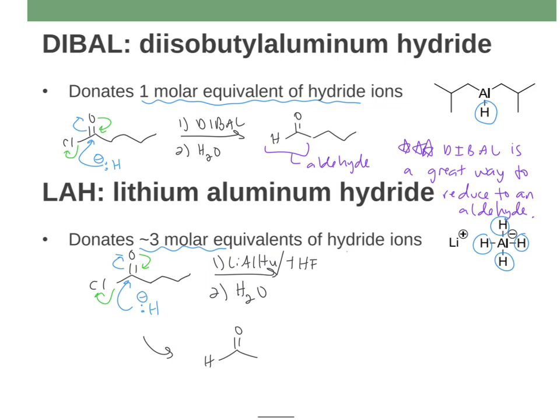But since the LAH has more than one equivalent, and we know that aldehydes are very, very reactive, the second equivalent of these 3 will then add in to our aldehyde, and then you end up reducing it all the way. So you've added a second equivalent, and then you have a water workup step to give you the alcohol.